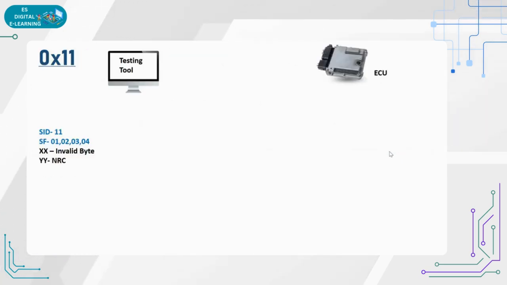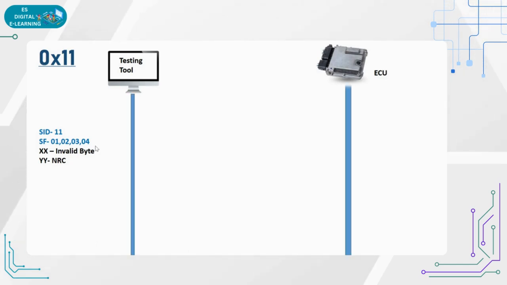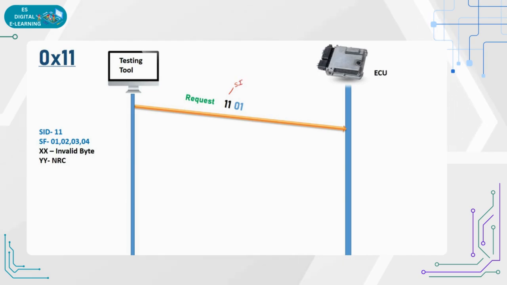Next we'll go into understanding how we are sending the request and getting the response from service 11. As we know, there is the tester tool and the ECU. From the tester tool, CANoe, we are connecting to the ECU and sending the request 1101. 11 is the service ID, and 01 is the subfunction.